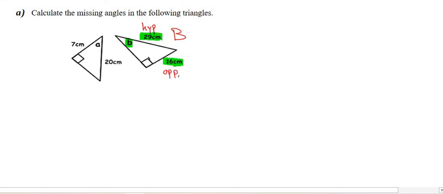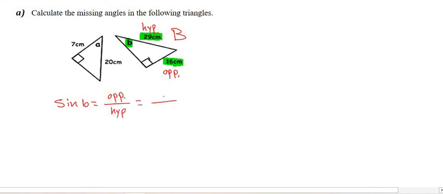Now we need to find what trig ratio connects hypotenuse and opposite. Yes, it's sine.